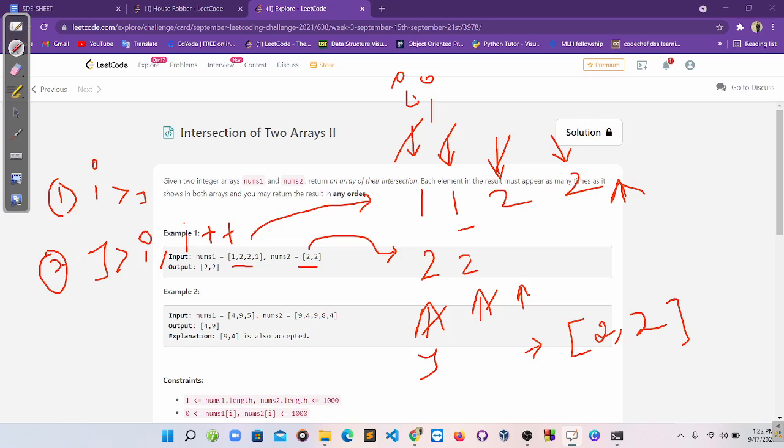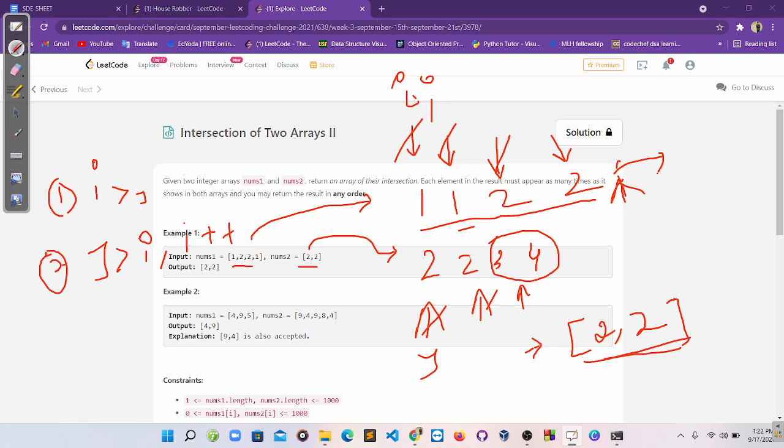Suppose there are elements 3 and 4 left; it is of no use to check them, because we need common elements, and if one array is exhausted completely, there is nothing left to intersect with. That's why we return.